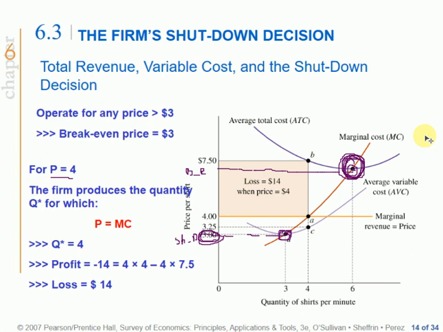So for P equal to 4, the firm will produce the quantity that maximizes its profit. That means the quantity where the market price is equal to the marginal cost. That happens here at point A. So we use this point. We find that the firm will produce 4 shirts per minute.